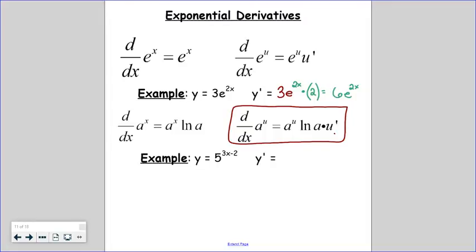Our format for this would be the original, so whatever it starts out as, 5 raised to the 3x minus 2, times the natural log of the base, times the derivative of the exponent, and the exponent being 3x minus 2, the derivative would be 3.